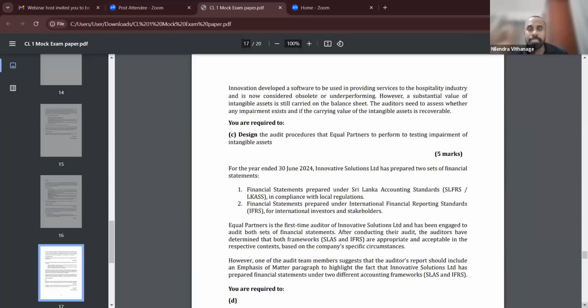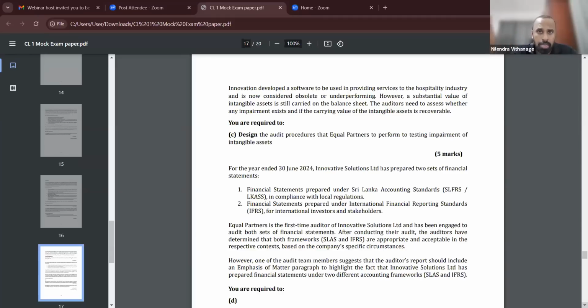Number one, discuss with the management. Request their impairment calculation, and re-perform the impairment calculation. See whether the fair value is appropriate with adequate amounts.